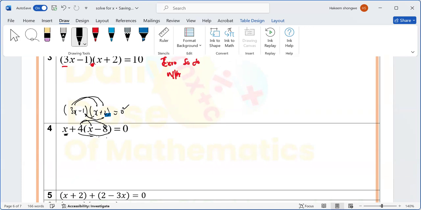It's not multiplying the bracket, but it's adding to the bracket. So here we are going to say the zero factor law does not apply. Not applicable. So let's go to number 5.